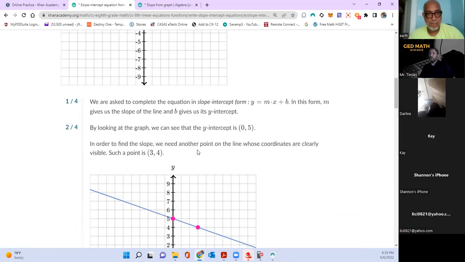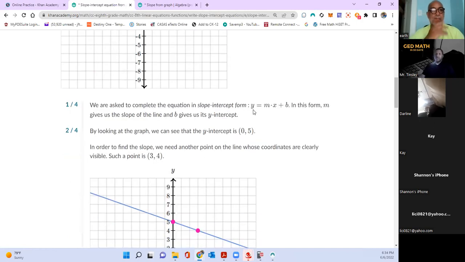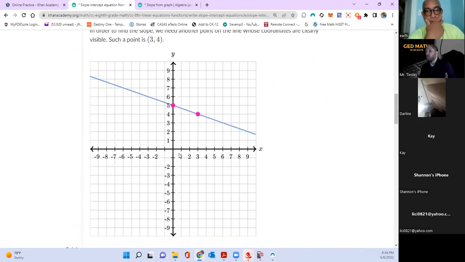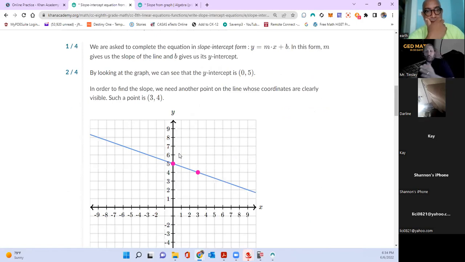It walks you through step by step how to get the answer. It tells you identify y equals mx plus b. It tells you get the y-intercept, which is (0, 5). Now, in this case, it doesn't use rise over run. It uses y2 minus y1 over x2 minus x1.